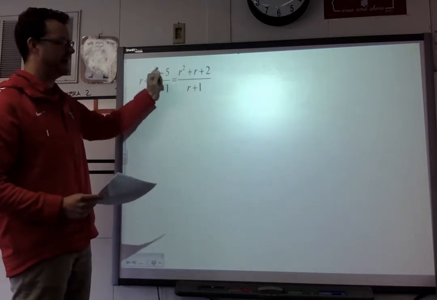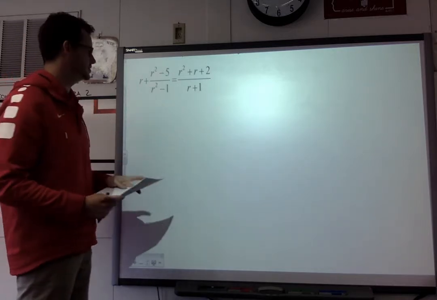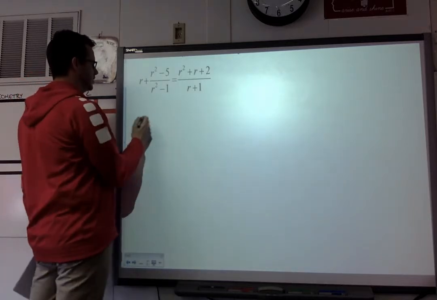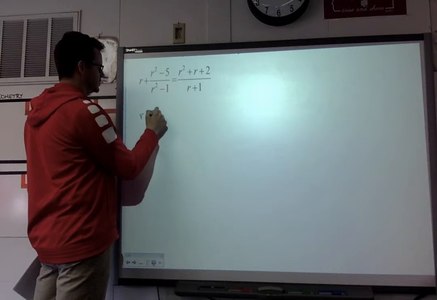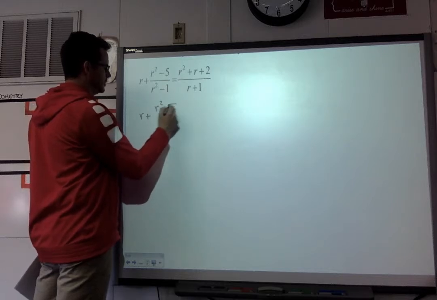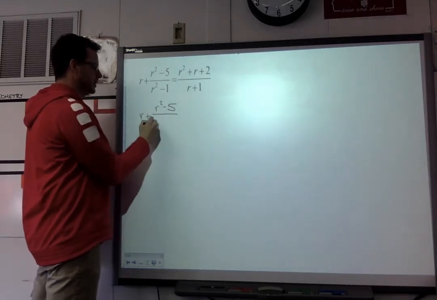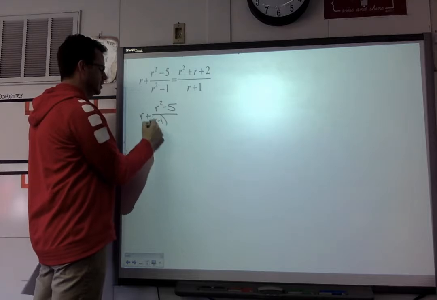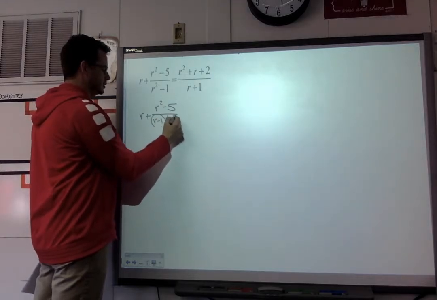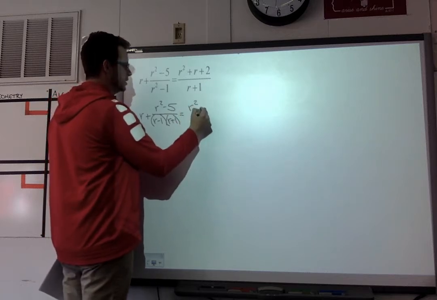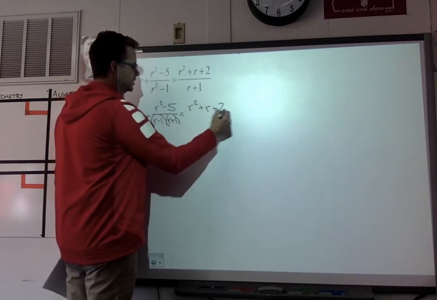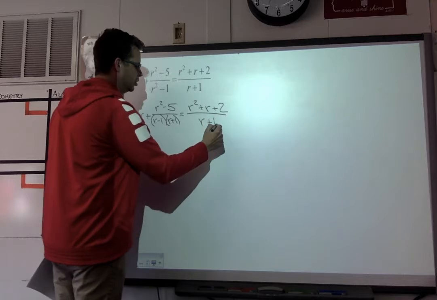We don't have to factor out the numerators here, just the denominators. So I'm going to go ahead and change this to r plus r squared minus 5 over r squared minus 1 will be r minus 1 times r plus 1 equals r squared plus r plus 2 over r plus 1.